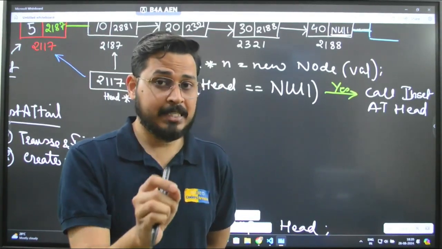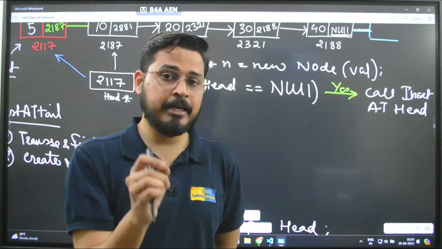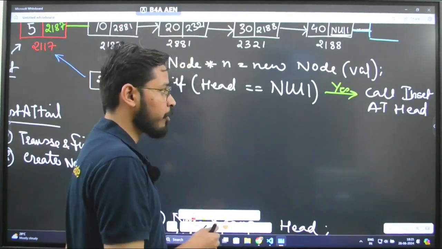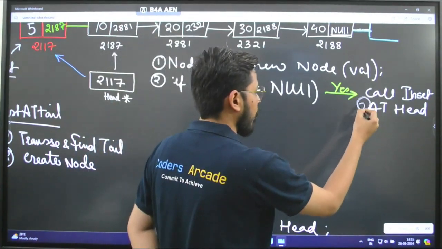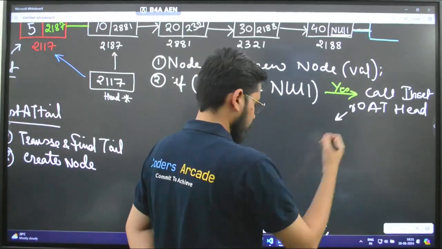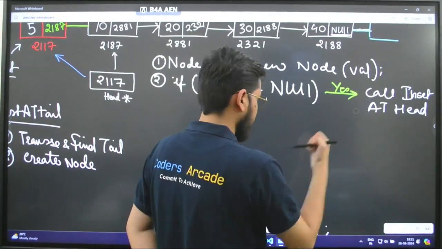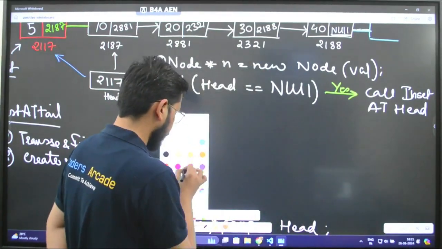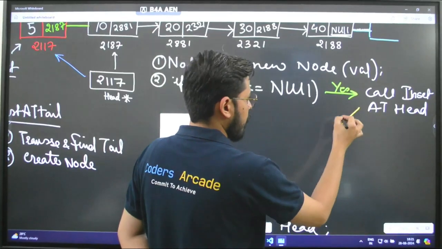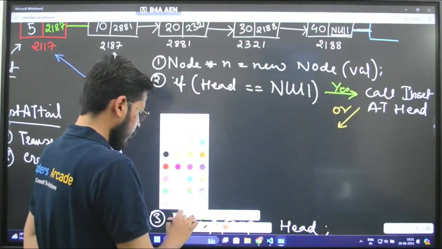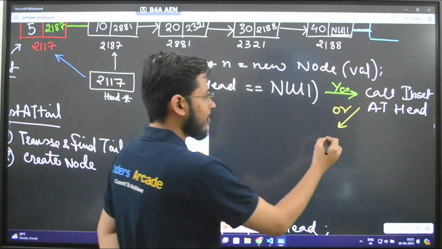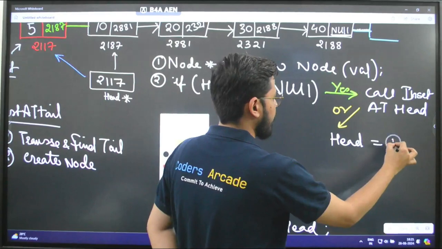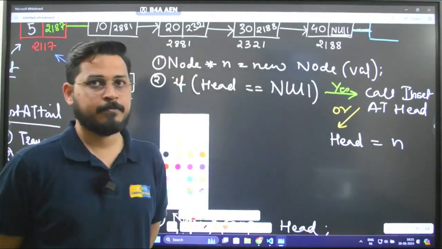Or let us say if the insert at head function is not present, in that case what will you do? Write it properly though. You will say head, at that time you will become the end, which is new node in this case.